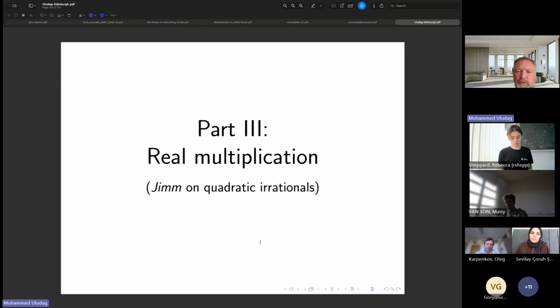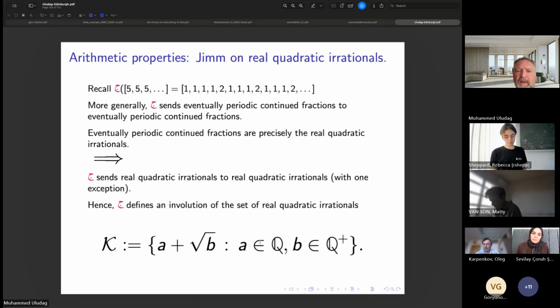So now I'm going to discuss what Jimm does to quadratic irrationals. As we've just seen, the value of Jimm at this periodic continuous fraction is also eventually periodic. It is not absolutely periodic, but it is eventually periodic: 2, 1, 1, 1, 2, 1, 1, 1, 2, 1, 1, 1, etc. And it is easy to see that Jimm sends every eventually periodic continuous fraction to an eventually periodic continuous fraction.